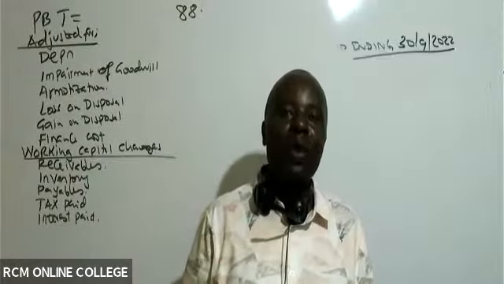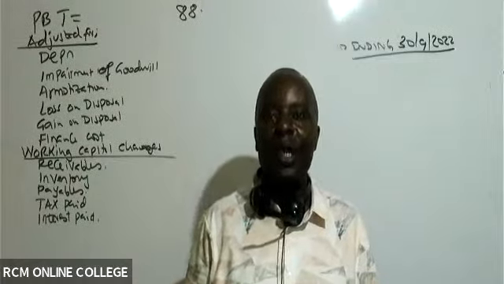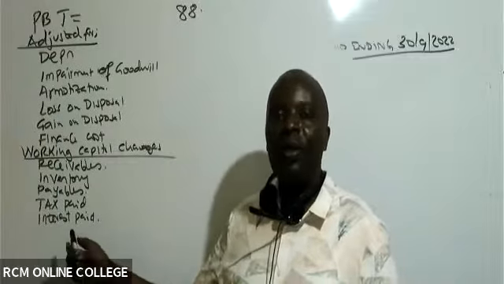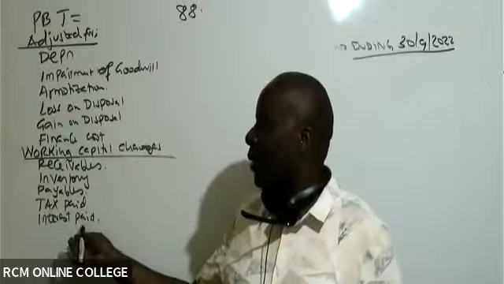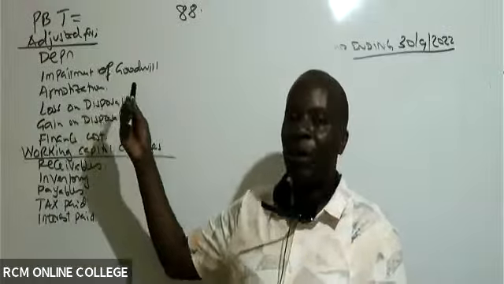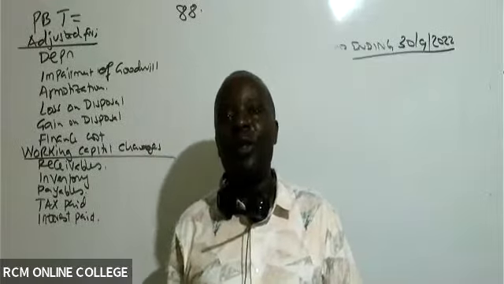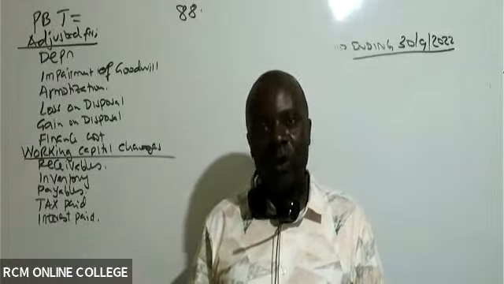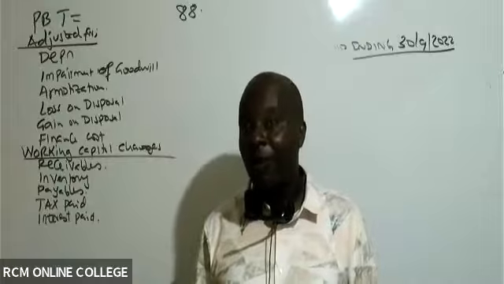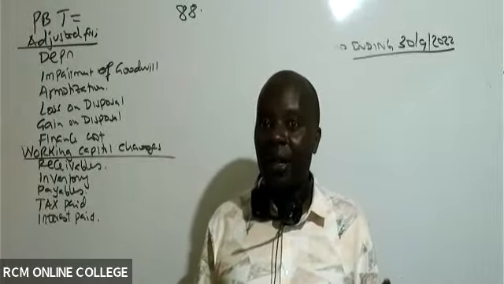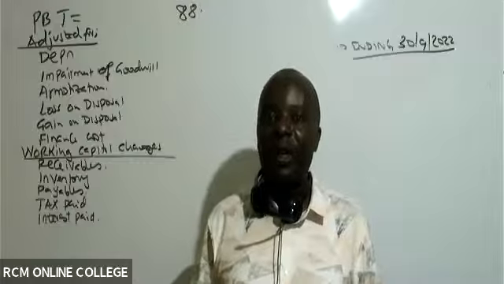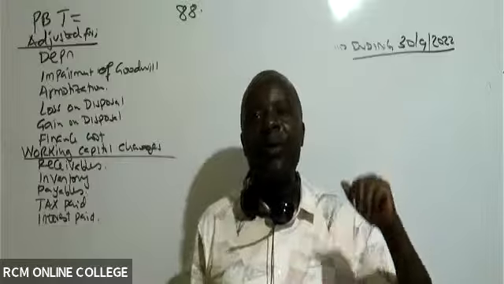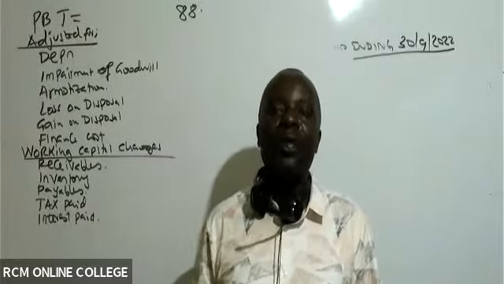Why do some scholars say we put it under operating activities? It's simply because, ladies and gentlemen, you can't operate without loans. If you're running a very big company, like, for example, RCM, which is thinking about having a primary school somewhere, you can't operate without loans.